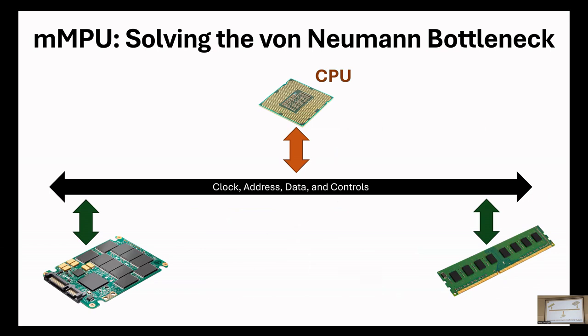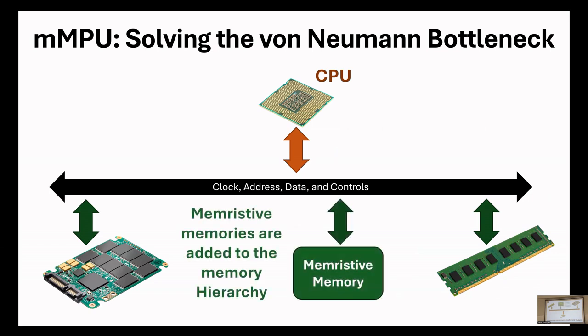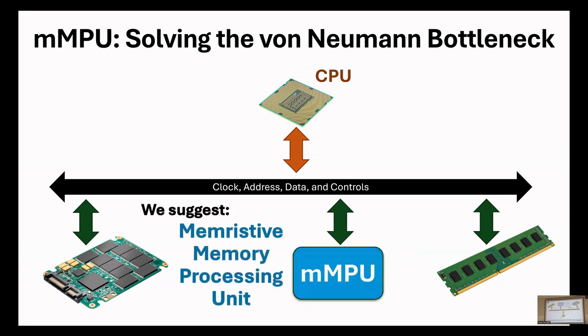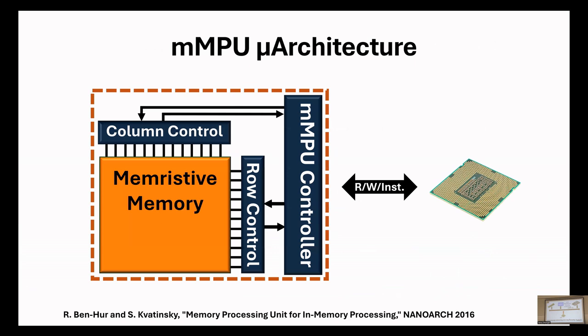Everyone is suggesting to add memristive memory, or already adding memristive memory, to the memory hierarchy. What our group suggests is to add an MMPU instead, a memristive memory processing unit, which can both store and compute. How is it performed?